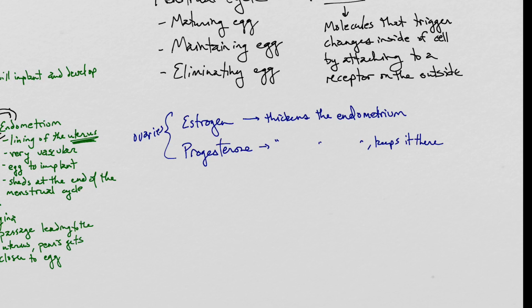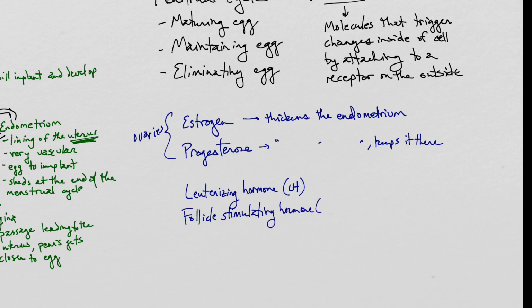Our next two hormones are known as luteinizing hormone. We are always going to abbreviate that just LH. And follicle stimulating hormone. Now, before you hear that word follicle and think hair, it has nothing to do with hair.